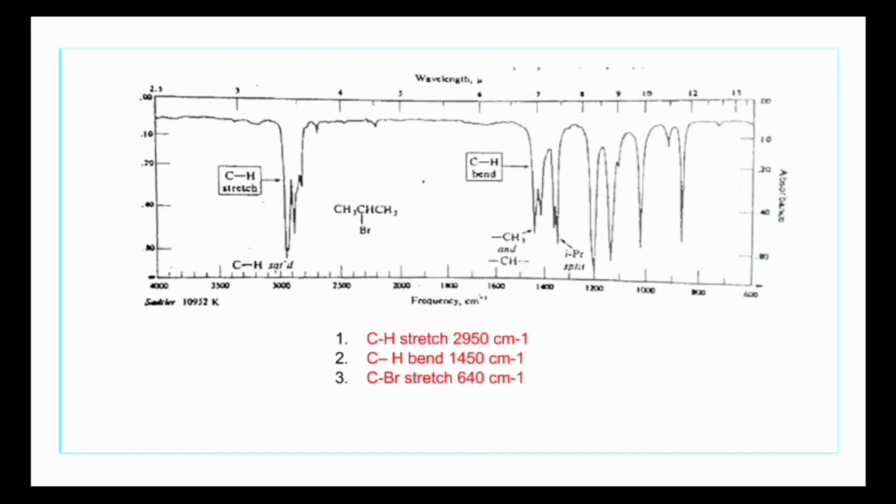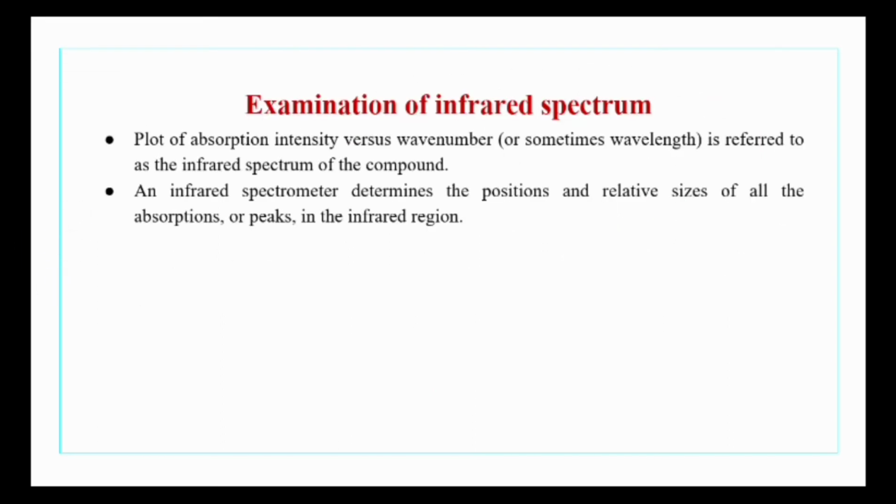Okay, I have shown here an infrared spectrum of 2-bromopropane. As I have told you, a plot of absorption intensity versus wave number is referred to as the infrared spectrum of the compound.